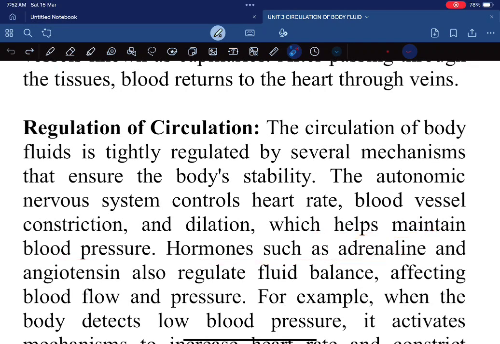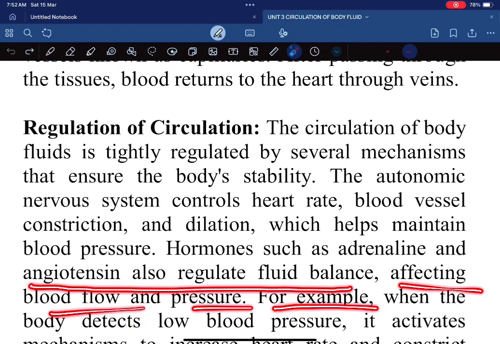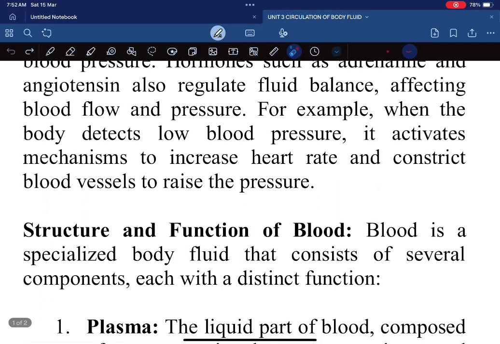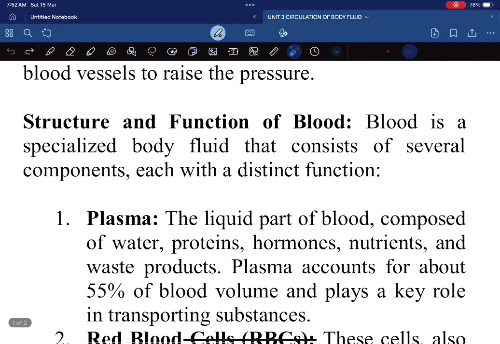Hormones such as adrenaline and angiotensin also regulate fluid balance, affecting blood flow and pressure. For example, when the body detects low blood pressure, it activates mechanisms to increase heart rate and constrict blood vessels to raise the pressure.